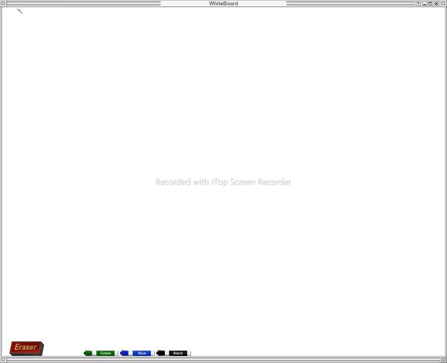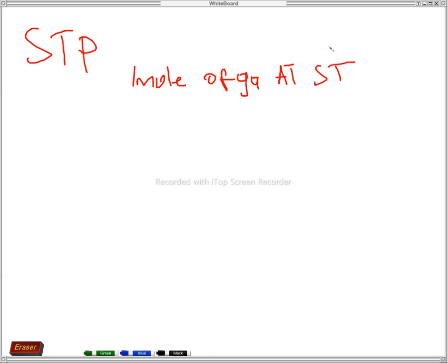So STP, which is standard temperature and pressure, you must know that 1 mole of a gas at STP is 22.4 decimeter cube.